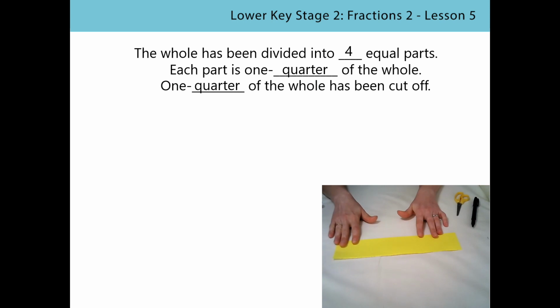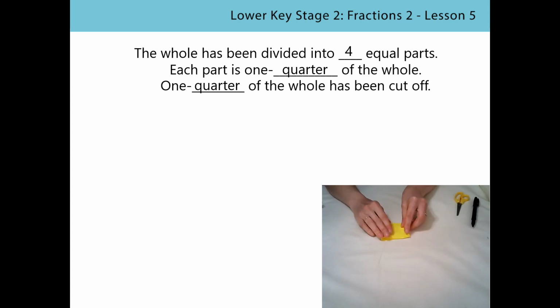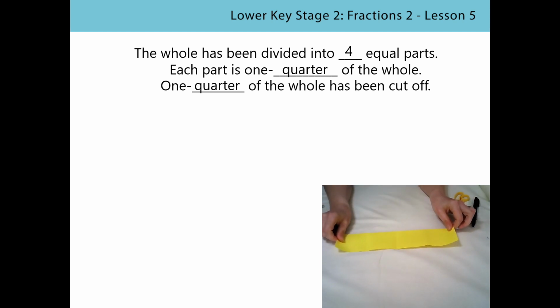I'm now going to have a go at that activity myself, saying the sentences at the right times. You can join in with me using one of your strips of paper, or you can just watch first and then pause the video to have a go yourself. I'm going to take my strip of paper and fold it in half, once, twice. When I open it up, there should be 4 equal parts. The whole has been divided into 4 equal parts.